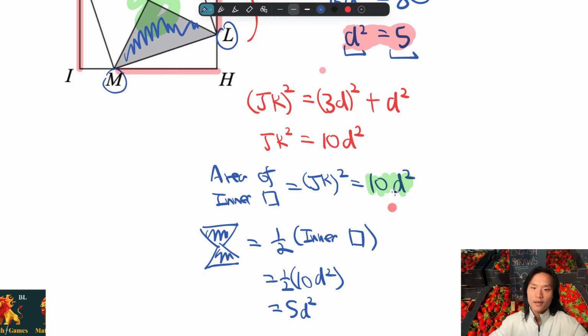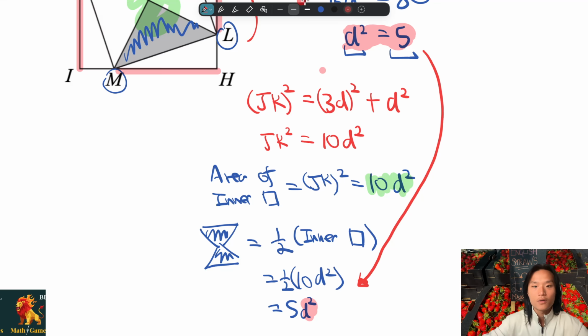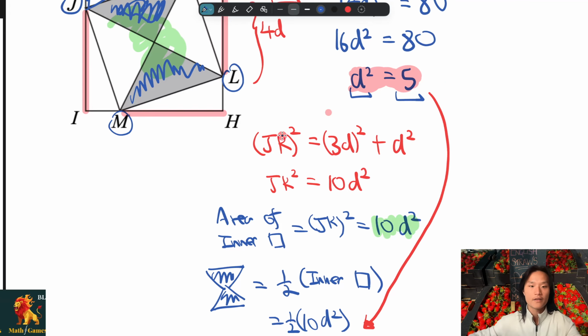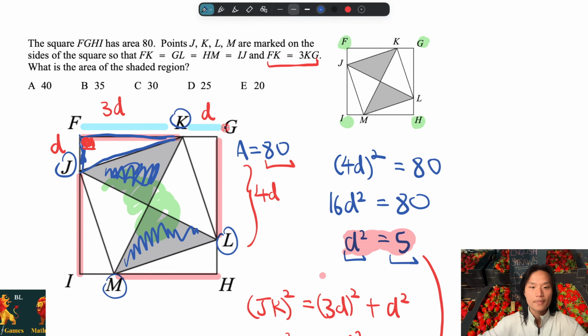And we already know that D squared is 5. So the area of the shaded region is 5 multiplied by 5, which is 25. So the answer is B.